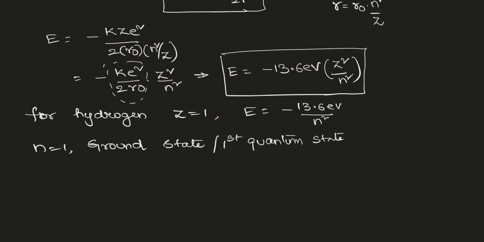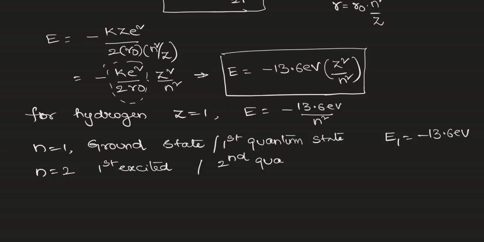So if I substitute n is equal to 1, the energy of the first state will be minus 13.6 electron volts. And if n is equal to 2, that is the first excited state or second quantum state, we substitute that, E2 will be equal to minus 3.4 electron volts.